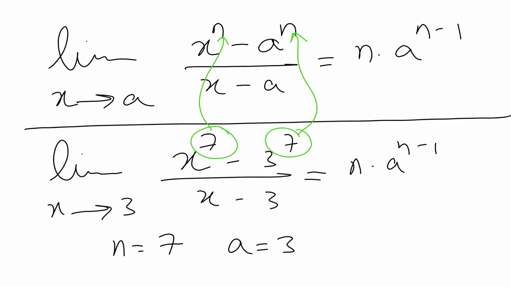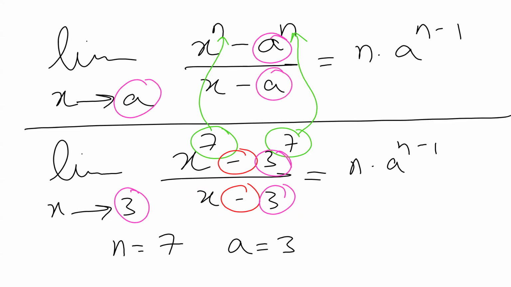One more thing, there should be a minus sign in the middle. And the last thing, this a should be the same. Minus sign in between, denominator no power, numerator should have a common power.